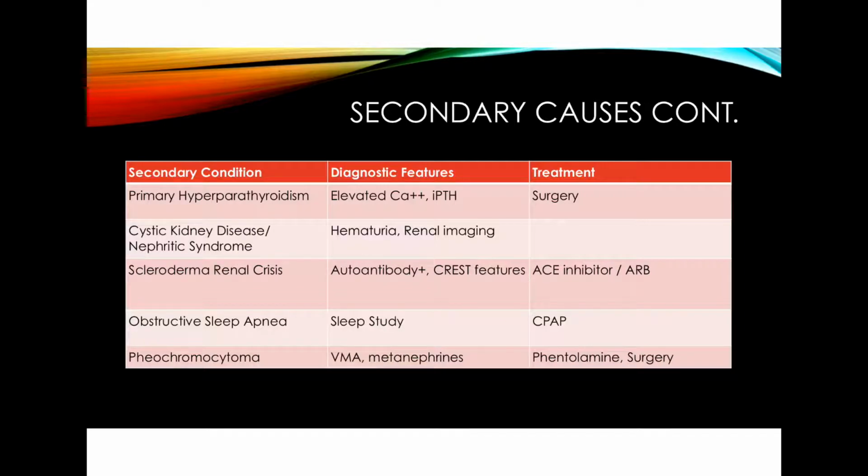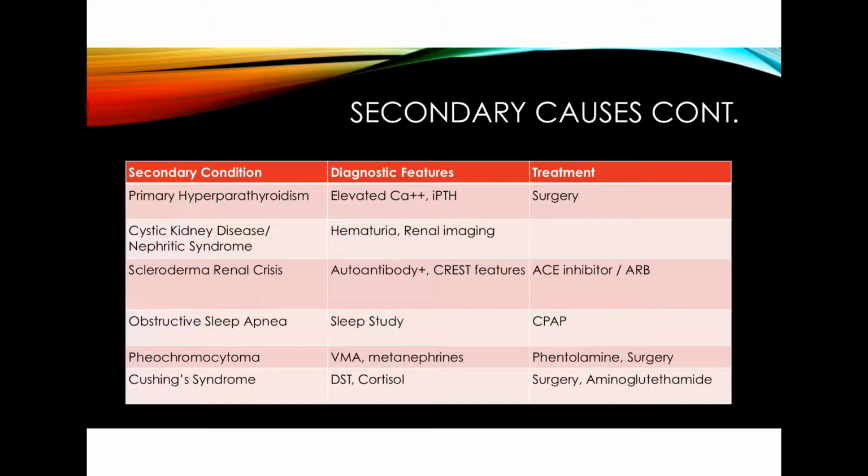Pheochromocytoma should be suspected when a patient has episodic hypertension associated with headaches, palpitations, and sweating. It can be diagnosed by obtaining vanillylmandelic acid levels and metanephrines. Treatment includes alpha blockers such as phentolamine and eventual surgical removal of the adrenal mass.